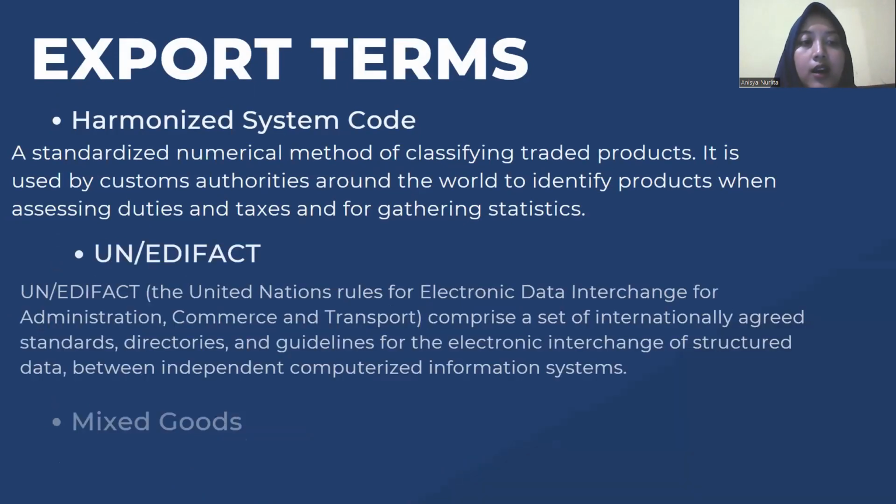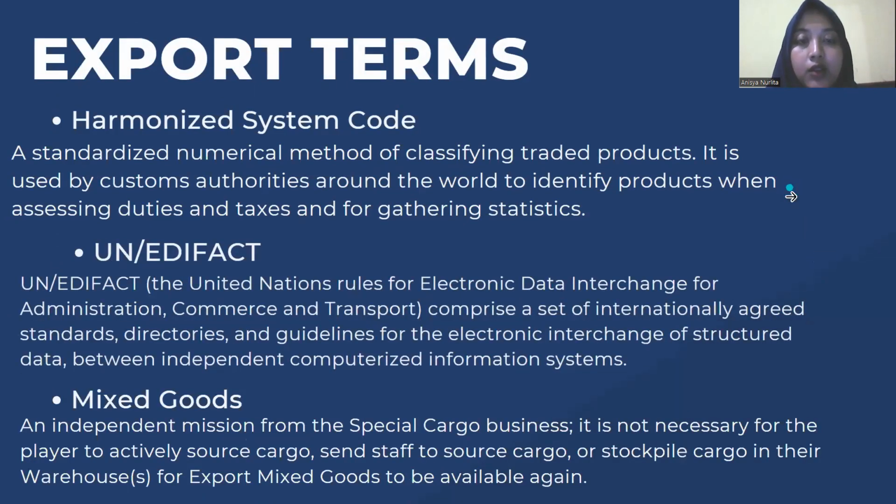Next, we have the Harmonized System code, a standardized numerical method of classifying traded products, and it is used by customs authorities around the world to identify products when assessing duties and taxes and for gathering statistics.